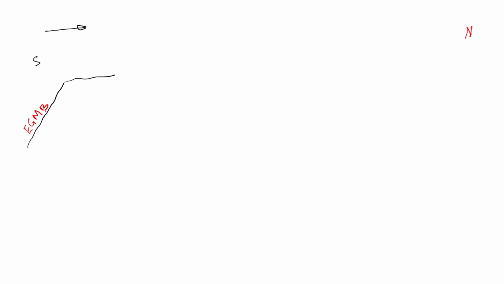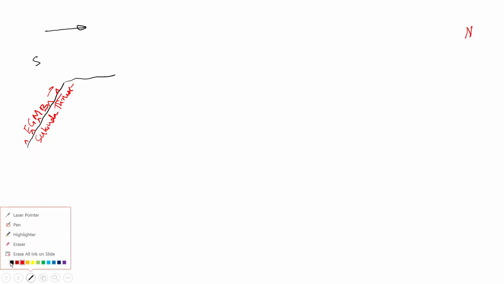And we know that this Eastern Ghat mobile belt has this Sukinda thrust over here. The southernmost boundary is marked by the Sukinda thrust.